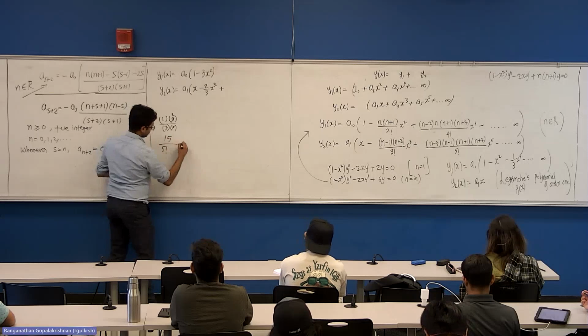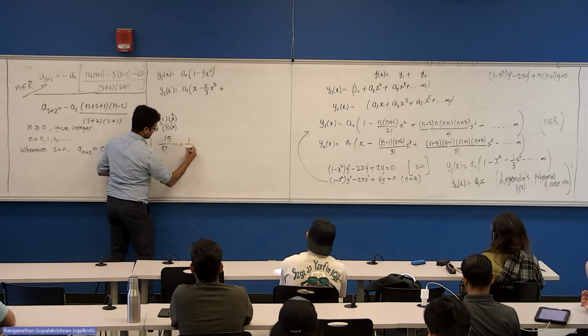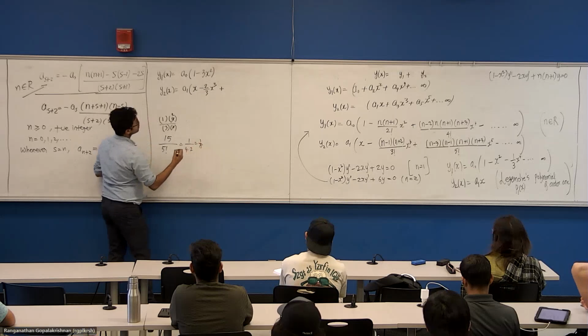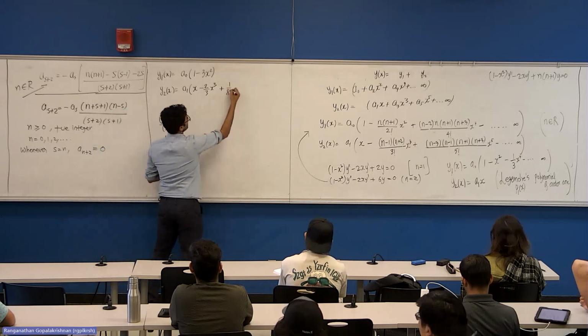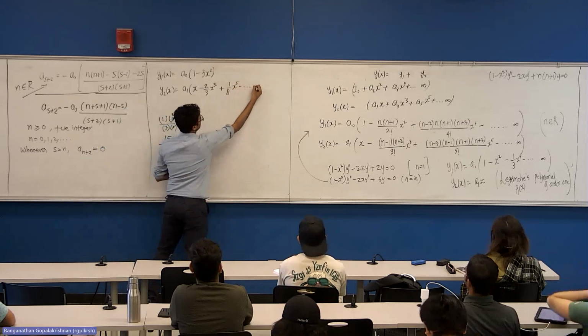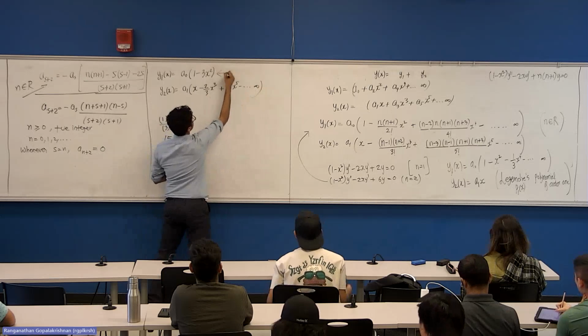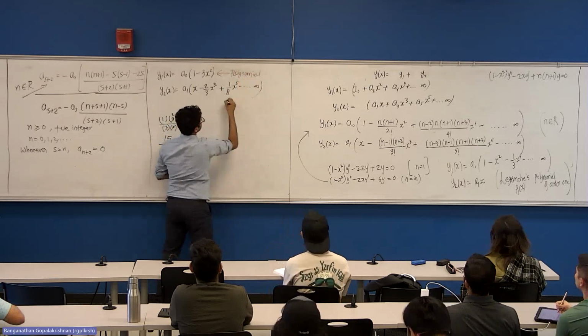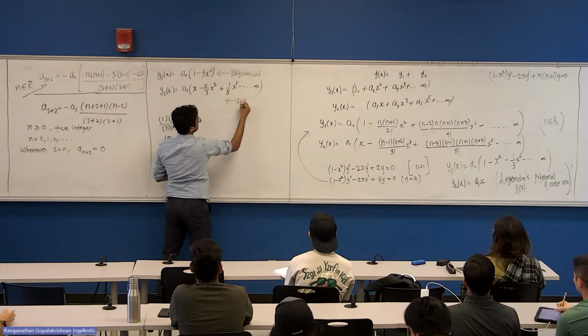So that is 1 divided by 4 times 2, or 1 by 8. Plus 1 by 8 x to the 5 and so on up to infinity. So here you get a polynomial, and here you get an infinite series.